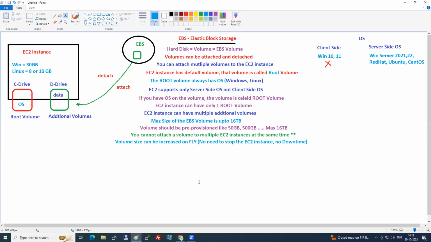So let's say you want to create a 50 GB additional volume. When you're creating the volume, you put 50, but by mistake you put one more 0 and created it. How much volume size? 500. What you wanted was 50 GB, but you created 500 GB. What will you do now?